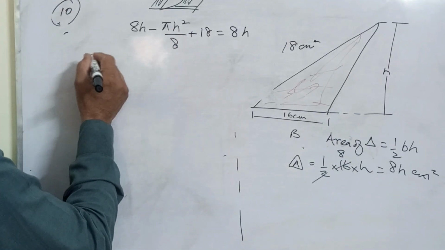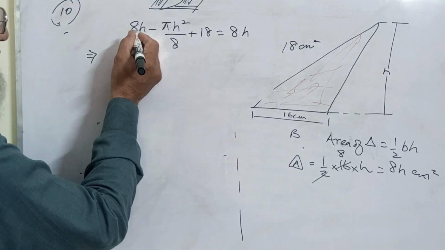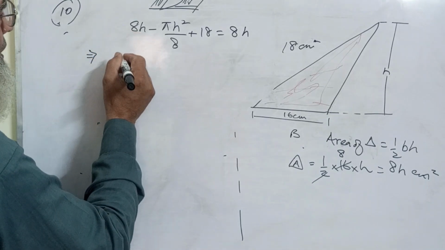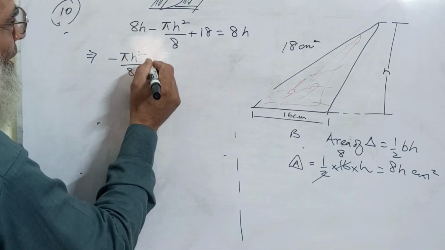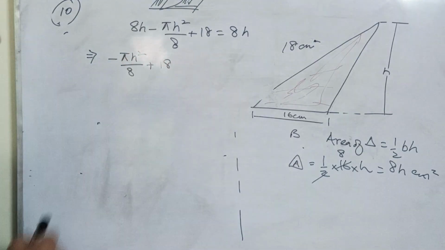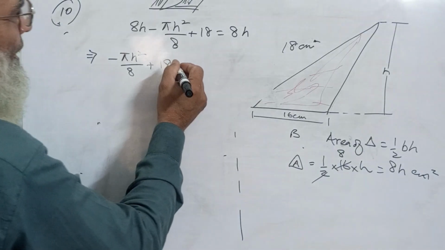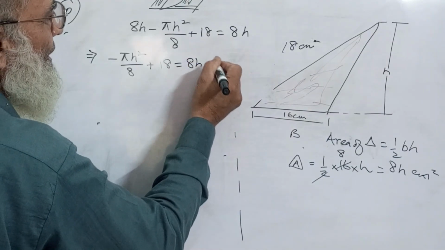So stepwise we are going ahead. Now shift this 8h from here. Now it will become minus plus 18, okay, and 8h minus 8h.